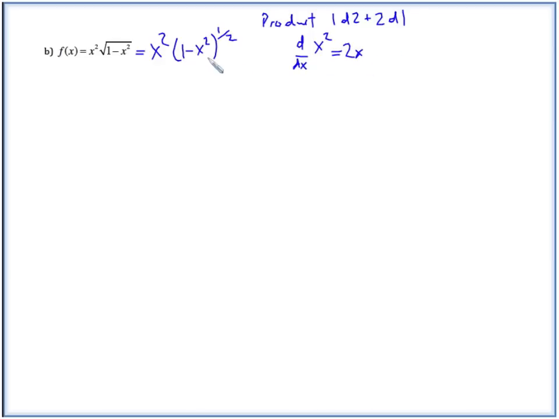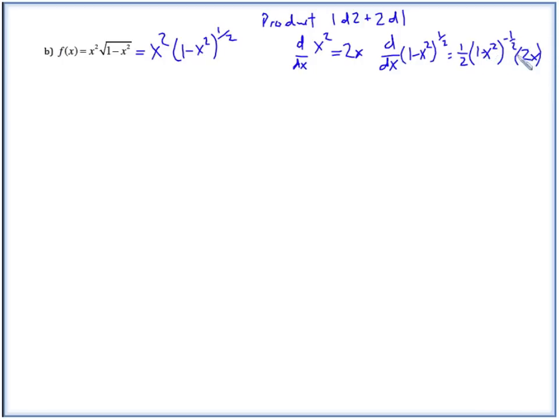And our second function is right here, 1 minus x squared to the 1/2. So we want to find its derivative, and we'll use our general power rule. So it's going to be 1/2 times 1 minus x squared to the negative 1/2 times the derivative of the inside, which was 2x.